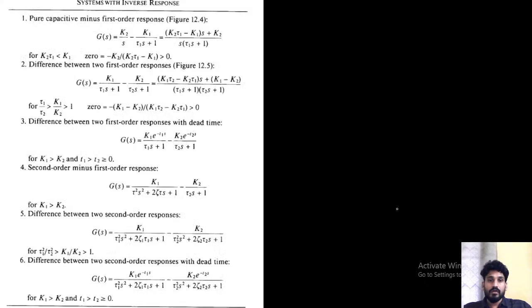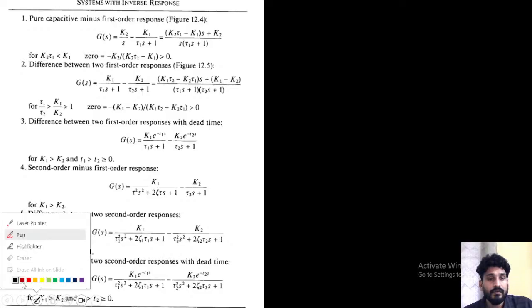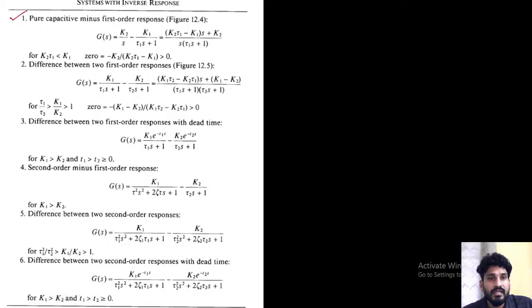Okay, so guys, this is the pace. You can calculate every condition if you want, like purely capacitive minus first order; we already discussed two first order responses. If you want, you can remember the condition for this, and this, whatever you want. But till now the question is only asked on the two first order system responses.